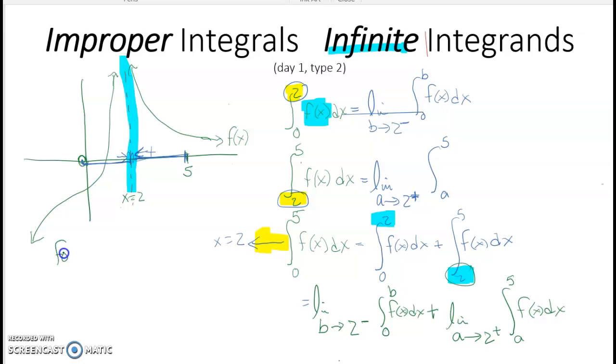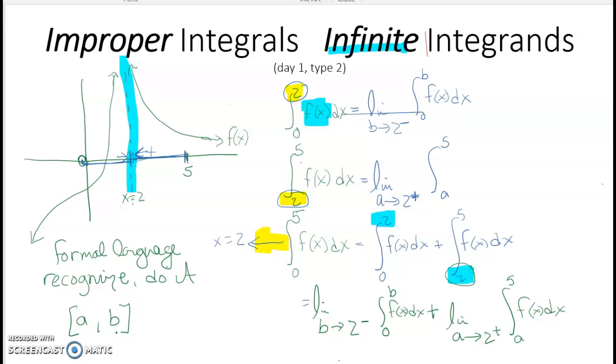This is very formal language. When you're actually doing these problems, you rarely take the time to write out all these limits, but you certainly should recognize it, and you should be able to do it if necessary. I like to use A and B always as my lower limit of integration and my upper limit of integration.